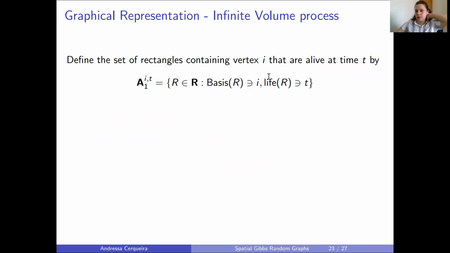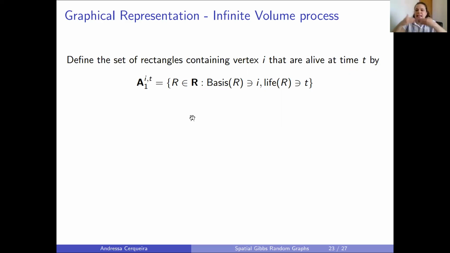All right, so just to define what's an ancestor here, I define ancestors for each vertex, but we can define ancestors for rectangles or for edges, it doesn't matter. I will define it here for vertices. The ancestor of vertex I is just the set of all rectangles such that I belongs to the basis of this rectangle and the rectangle is alive at time t.